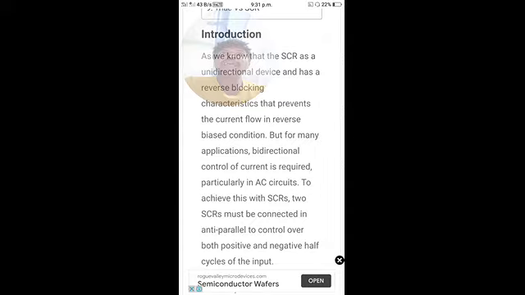But in the triac, we can make the triac conduct below the breakover voltage by applying the gate triggering pulse. So that is the advantage of using triac. So we have complete control over the conduction of the triac.